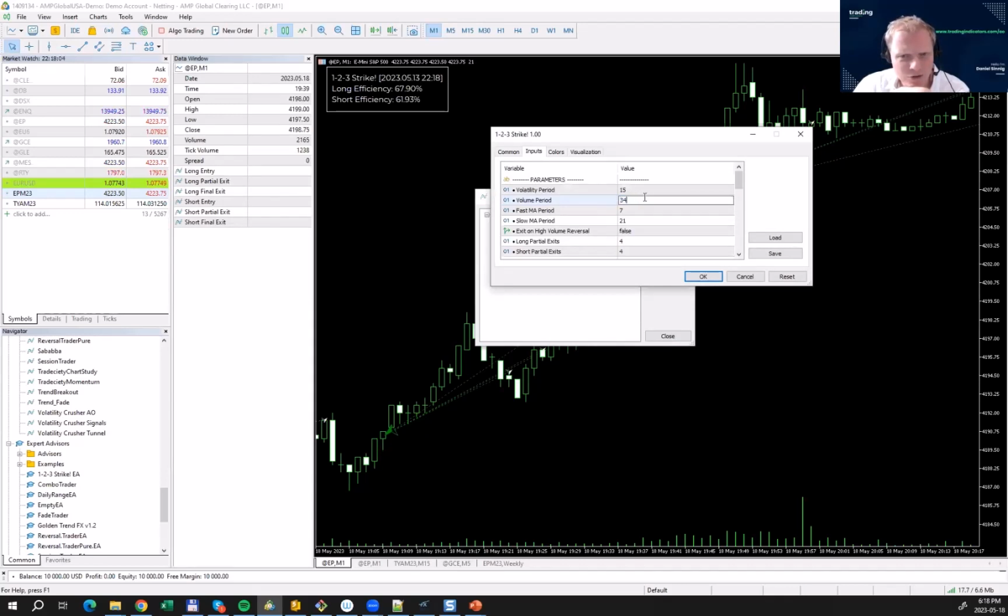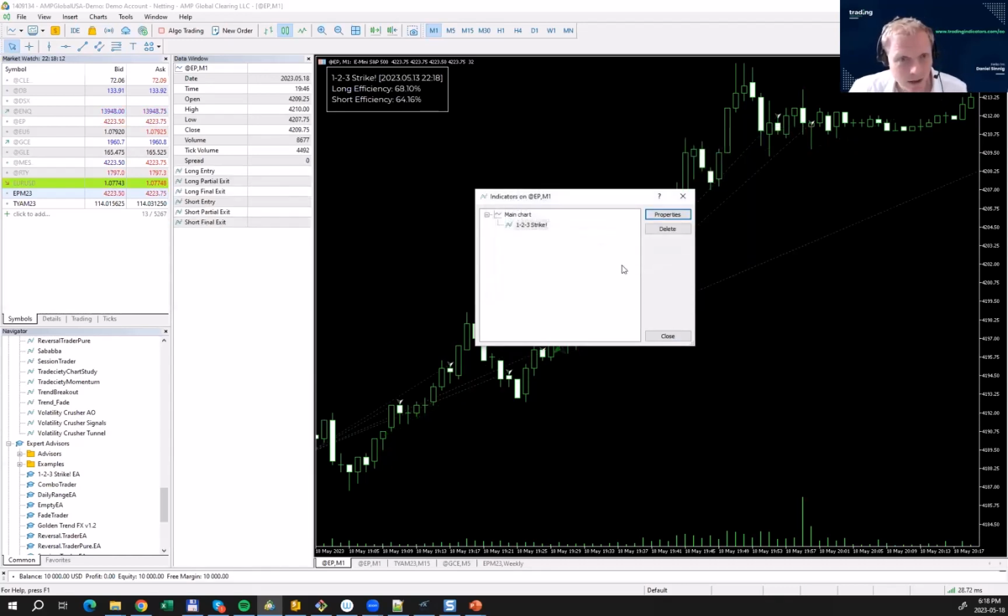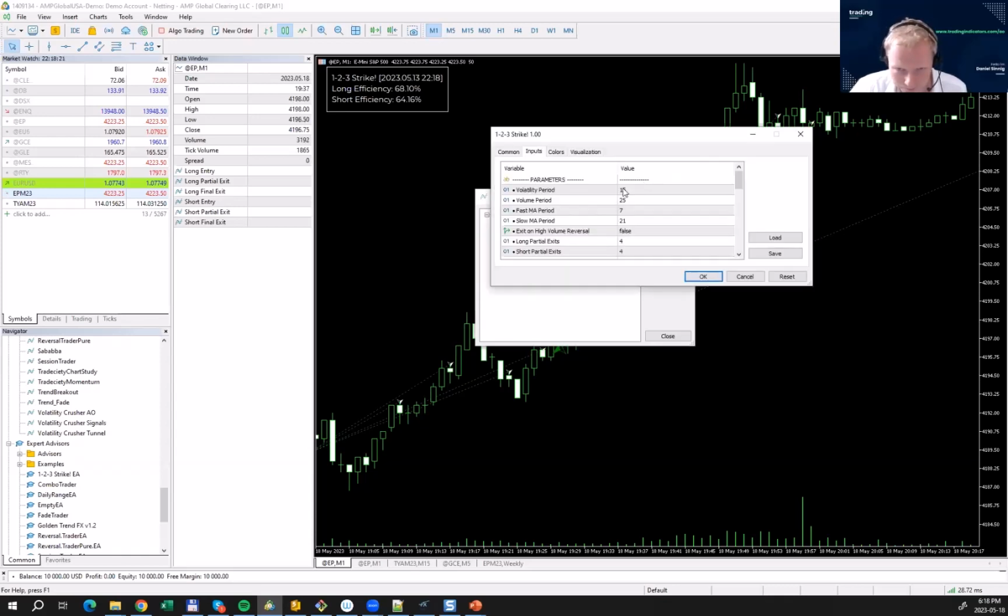Let me now tweak the volume period, perhaps from 34 to 25. Again, click OK, changed again. So I might be able to find the perfect settings for this indicator by just changing these settings. It is doable, and this is how our previous generation of the Powerbundle works.